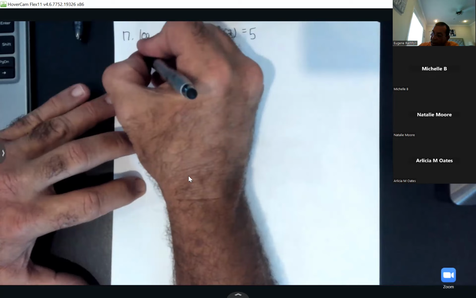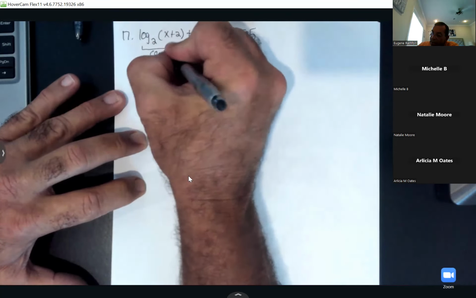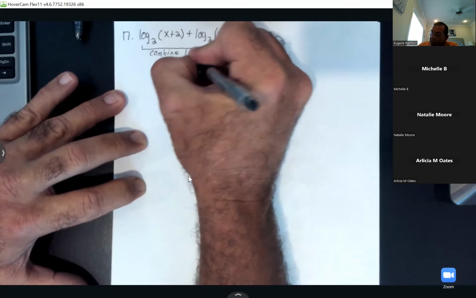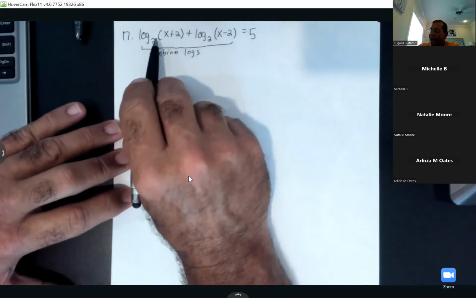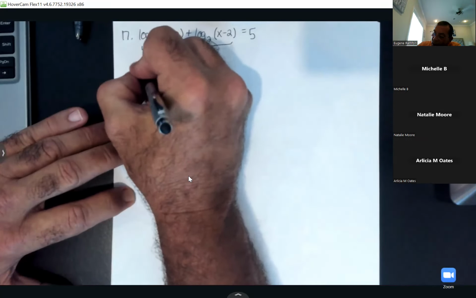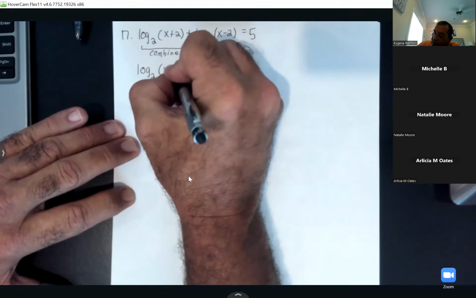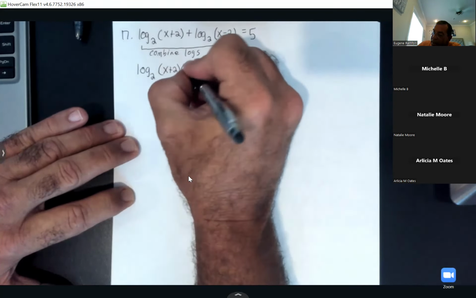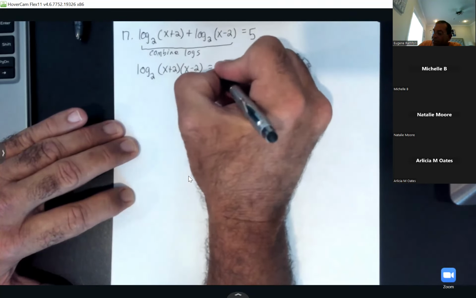We got 2 logs over here. So we're going to combine logs. So they're being added. We're going to rewrite this as a product. So bring out the log 2. You'll have an x plus 2 times an x minus 2, all equal to 5.